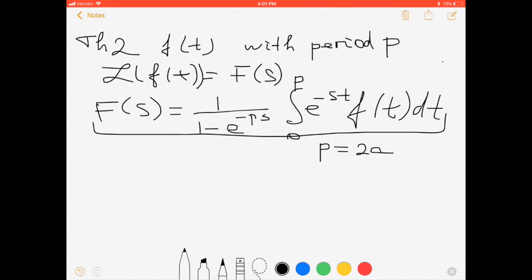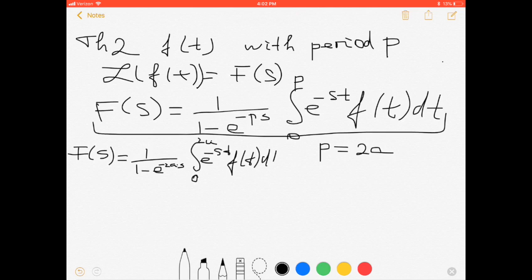And it will be F(s) equals 1 over 1 minus e to the negative 2as, because the period is 2a, times the integral from 0 to 2a of e to the negative st f(t) dt.